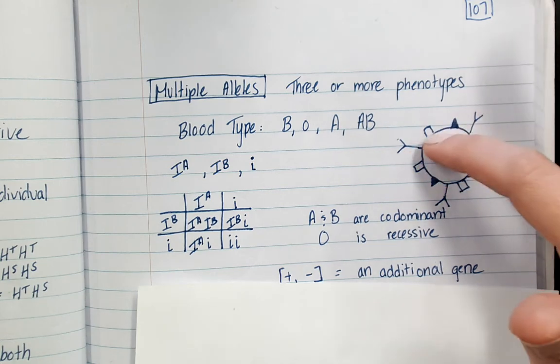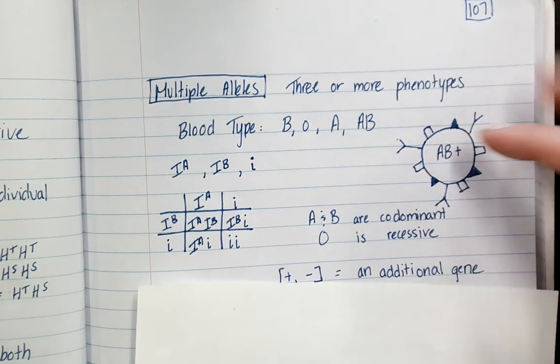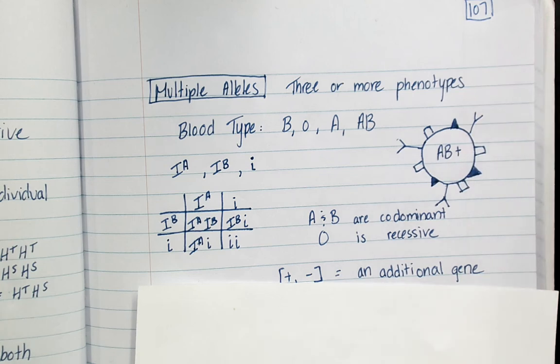That means they have the A markers, they have the B markers, and they have the positive markers. Interesting to note, some of you have heard that O negative is the universal donor, and that's because they don't have any markers whatsoever on their blood. They are negative, so they don't have the positive markers, and because they're O, they don't have the A or the B markers on there.